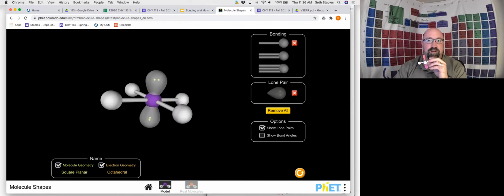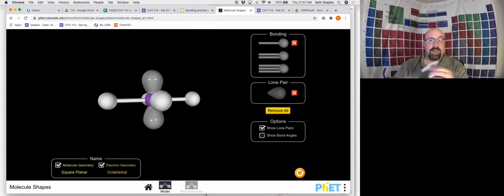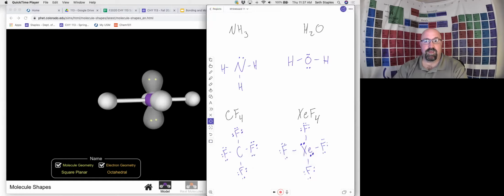Sort of spin it around. See if I can get a good, there we go, just like that. All within the same plane. This should maybe look semi-familiar. There's our XeF4. Our xenon tetrafluoride would actually end up with a square planar molecular geometry.